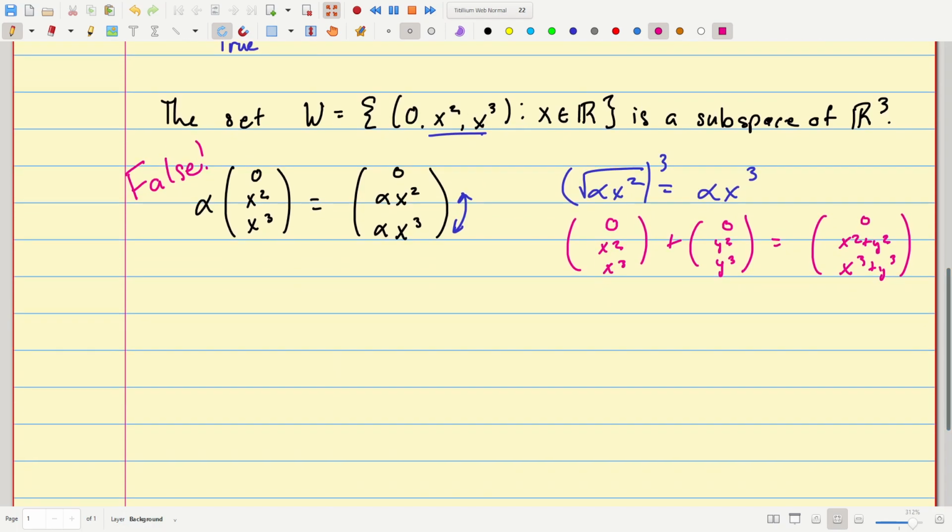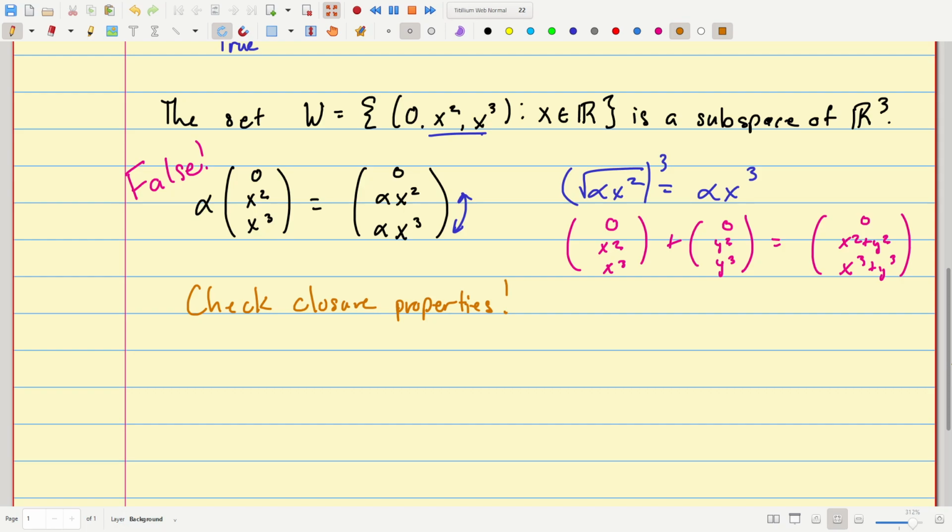All right. The bigger lesson here, of course, is that whenever we're identifying subspaces, check the closure properties. If something's a subspace, then it'll obey the vector addition and scalar multiplication closure properties.